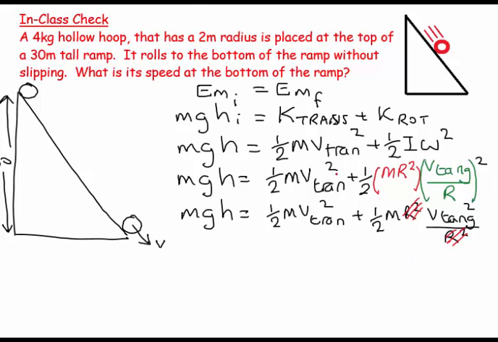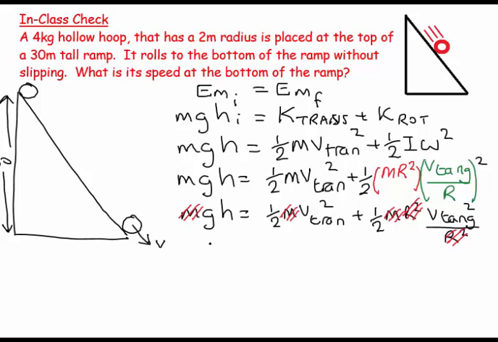Also, I can see that this mass cancels out these masses. Every term has mass in it, so it doesn't matter about the mass. And the third thing is that the v translational is the same numerical value as the v tangential. If you're not sure about that, get yourself a roll of tissue and unroll it and just convince yourself of that.